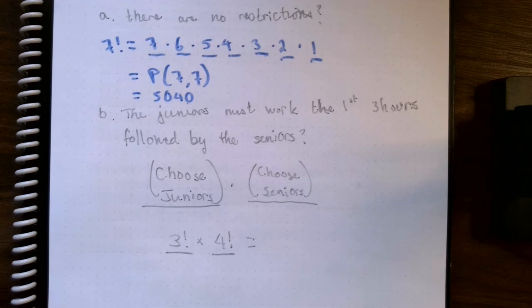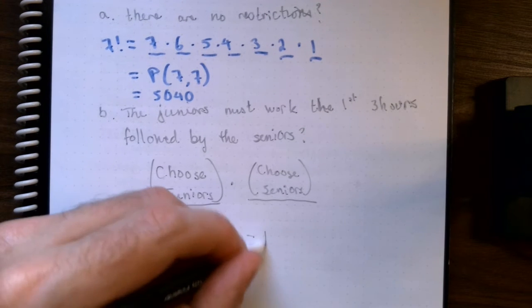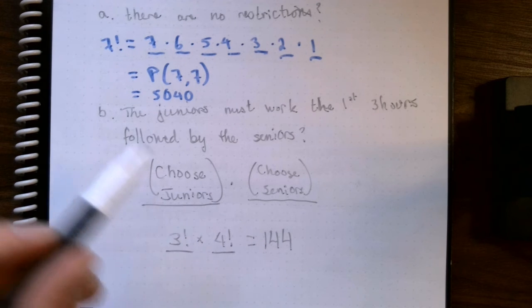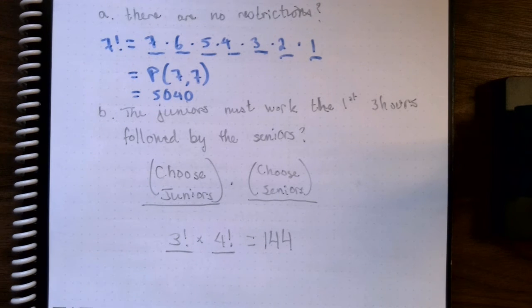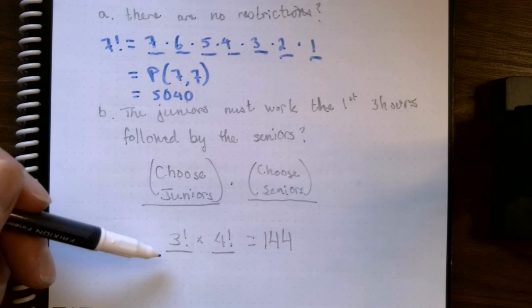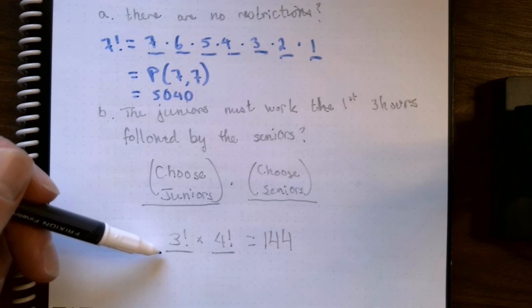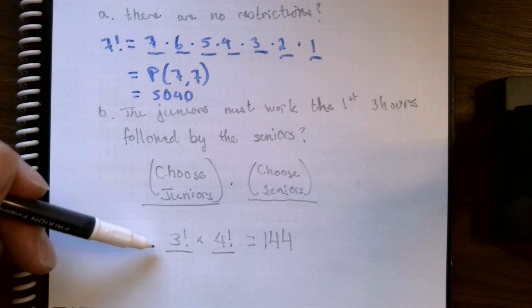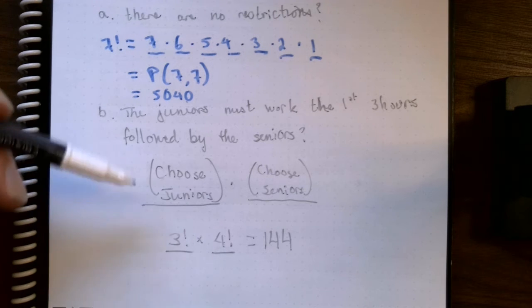Just going to use my calculator to do that computation. So 3 factorial is 3 times 2 times 1, that's 6. 4 factorial is 24. So we get 144 ways to fill out the schedule if we meet this condition. So it's a neat little situation where we have the tools of permutations or factorials being used in conjunction with the counting principle.